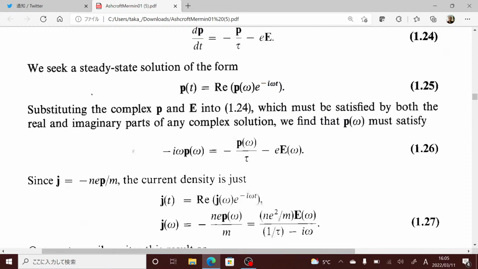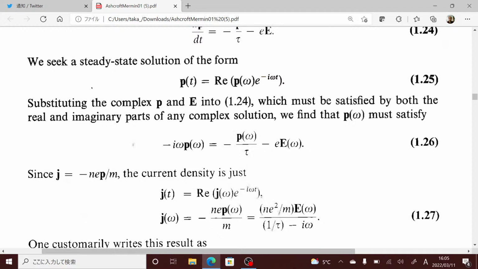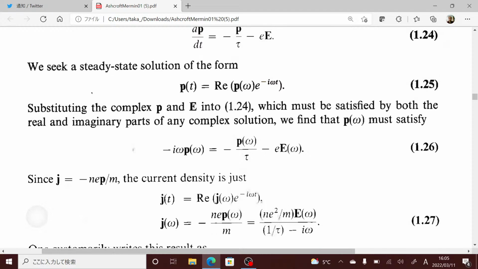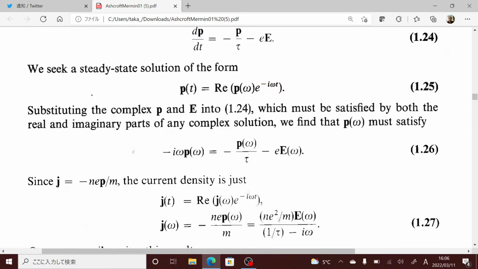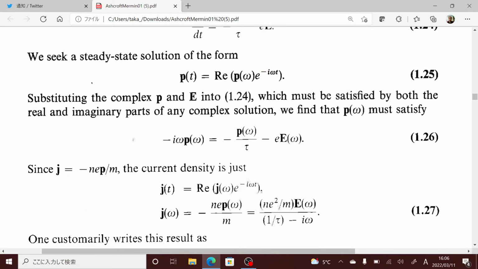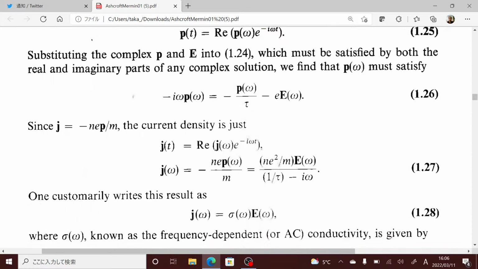Since J equals minus n e p divided by m, the current density is just J of t is the real part of J of omega times e to the power minus i omega t, where J of omega equals minus n e p of omega divided by m.